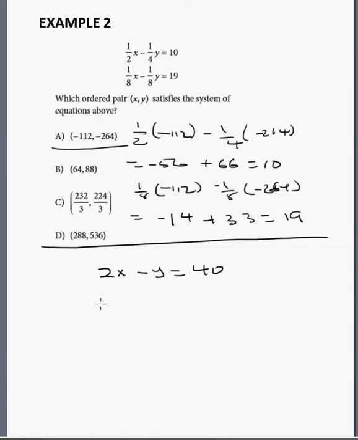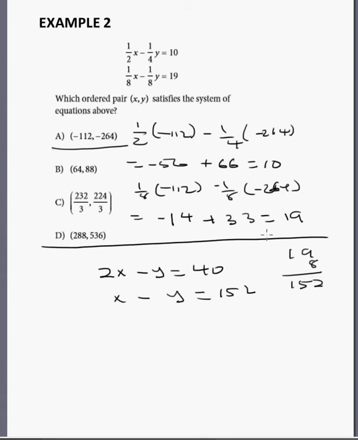And then if I multiply the second equation by 8, obviously to eliminate the fractions, that gives me x minus y is equal to, now 19 times 8, 8 times 9 is 72, 2 carries 7, 8 times 1 is 8, plus 7 is 15, so 152, so it gives me 152, right?